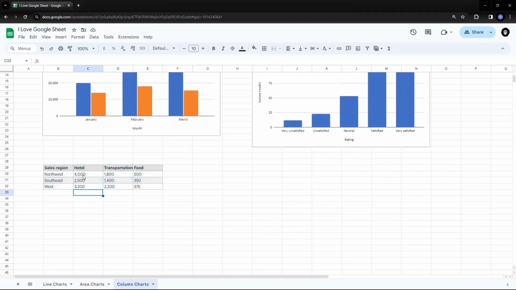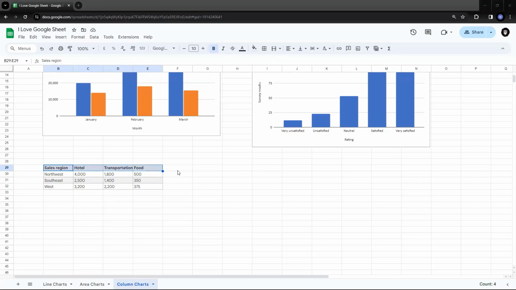Now I would use a stacked column chart to understand how much of this entire cost from Northwest was hotel, transportation or food. So we need to know the part-to-whole relationship in this entire data.